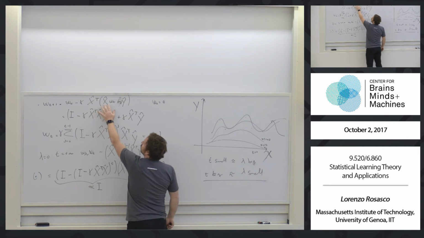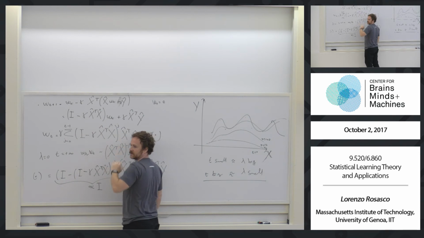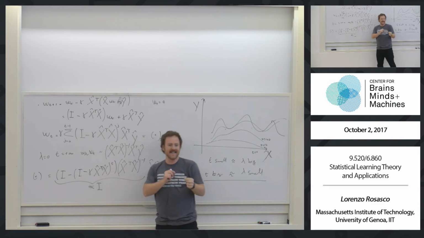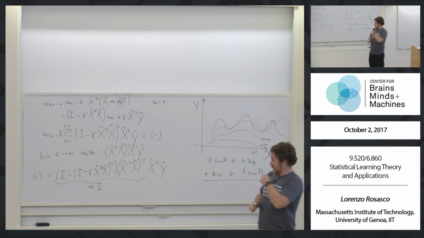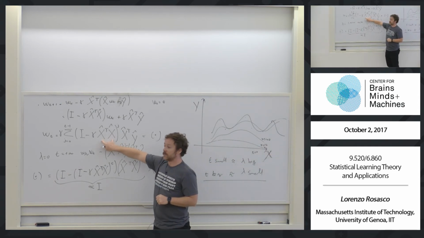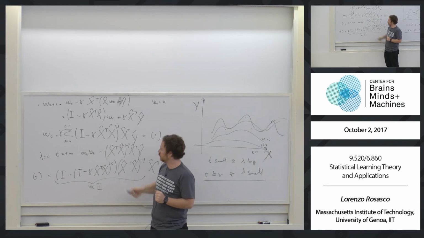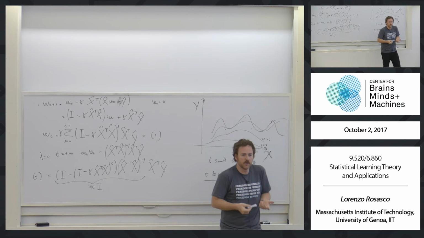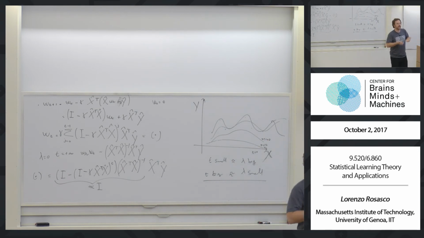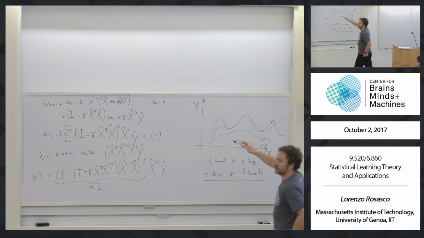Every time you just do matrix vector, then you have a matrix times a vector, then a matrix times a vector, and so you always have operations that are linear in N and D. If you actually try to do the same operation here, you have to form these matrices and then take powers, so you get something which is quadratic or cubic. So this is insane from a computational point of view. It's useful from a conceptual point of view, from a proving point of view, because we show that we are basically doing another form of Tikhonov regularization. But from a computational point of view, this is the way to go.